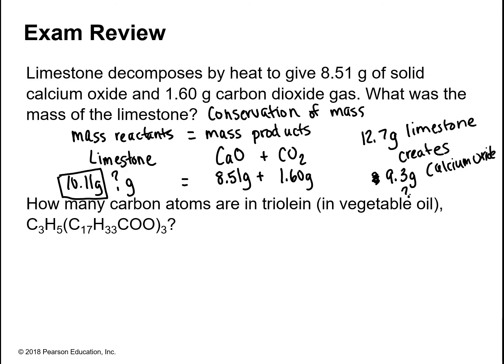So we have 12.7 grams of limestone. You create 9.3 grams of calcium oxide. How much carbon dioxide do you make? So this is a separate question, still a conservation of mass question. But what would we have to do here to figure out how much carbon dioxide we make?